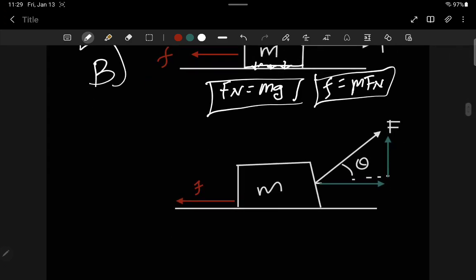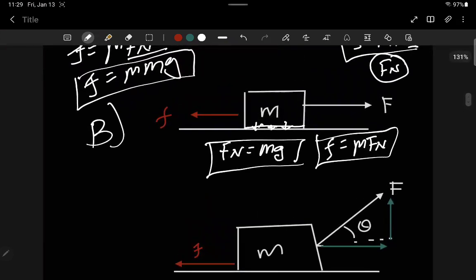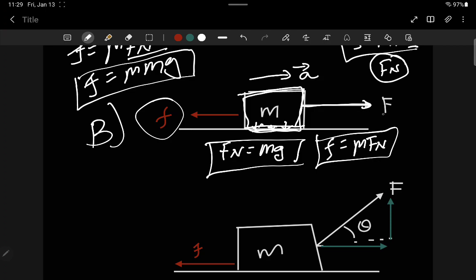Now, once we have the frictional force, think about the resultant force acting on this mass: the applied force minus the frictional force. The direction of motion is assumed to be like this because of this force. How do we calculate the resultant force?